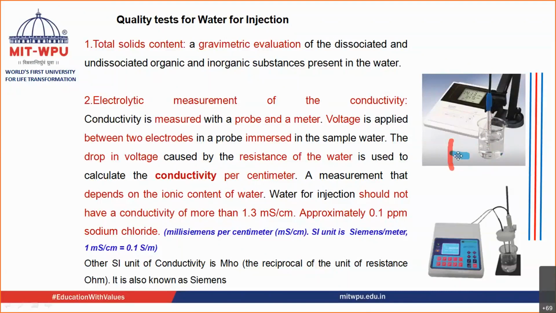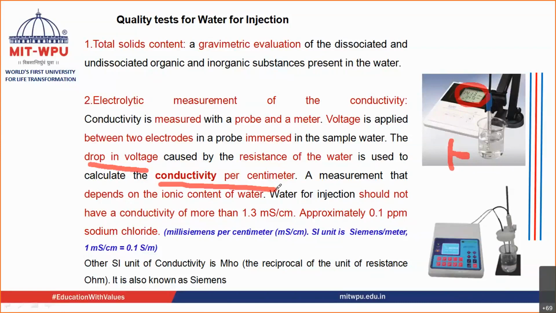The resistance of this water depends upon the undissociated and dissociated ions and any insoluble impurities present inside the water. Depending upon the resistance, there is going to be a drop in voltage. This drop in voltage is recorded, and that gives you the conductivity per centimeter.